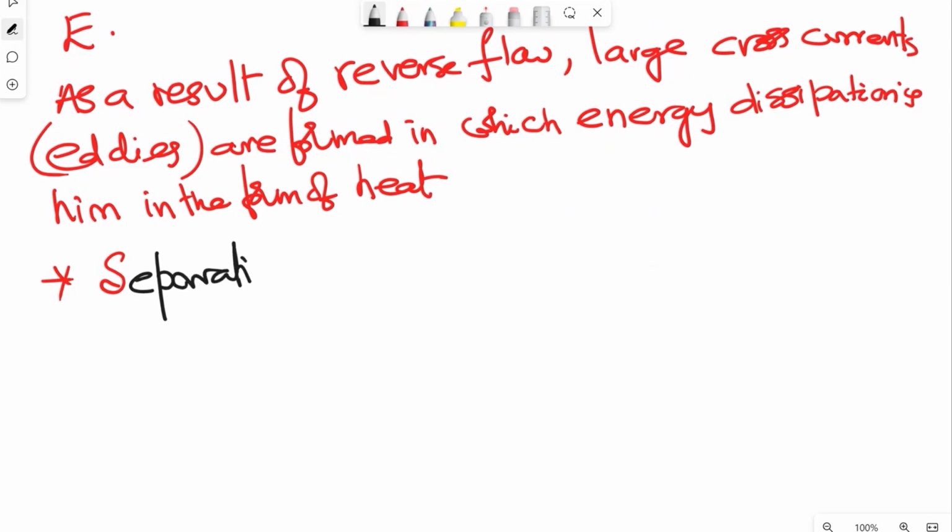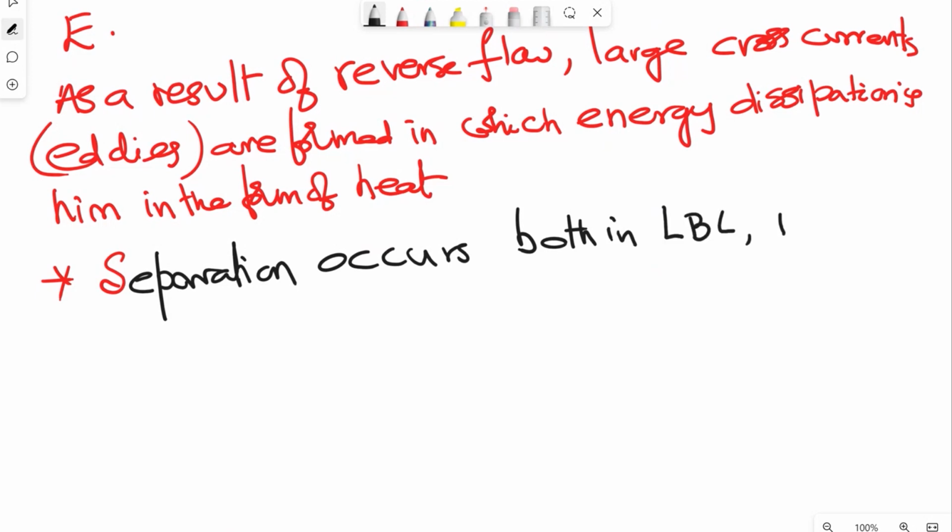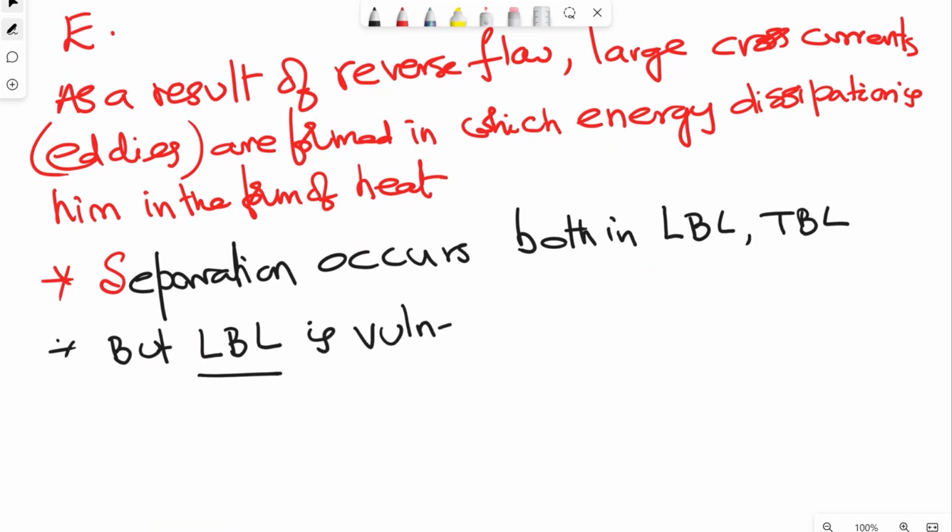Separation occurs both in laminar boundary layer and turbulent boundary layer. But the laminar boundary layer is vulnerable to separation.